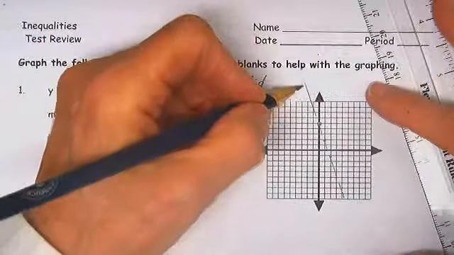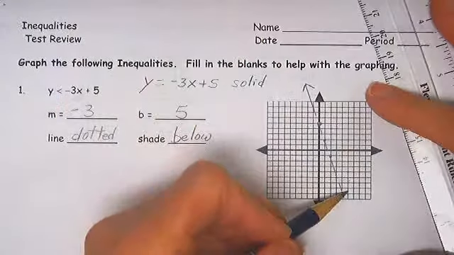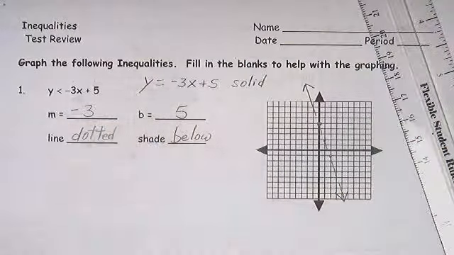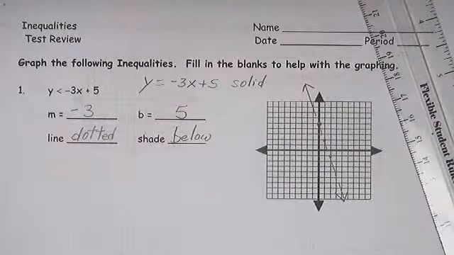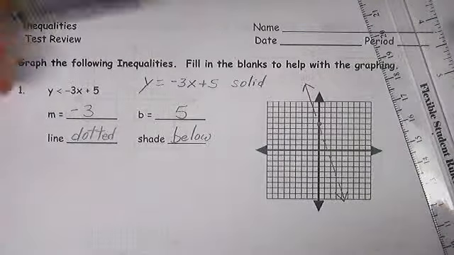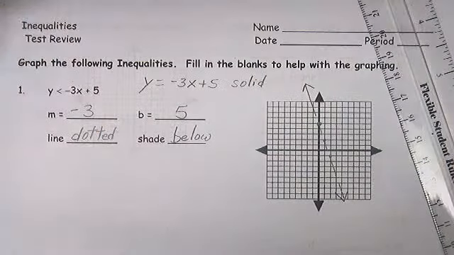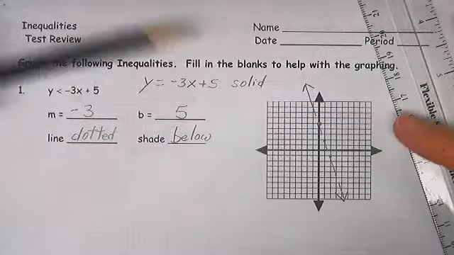Now, we notice that I put arrows on the line to infinity and beyond. The line goes on forever and ever.